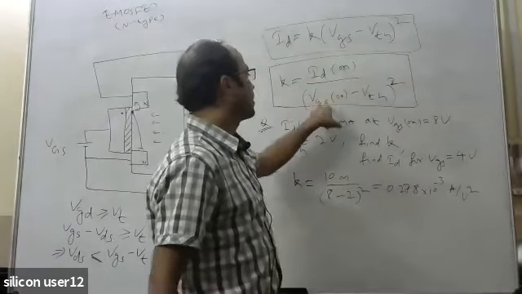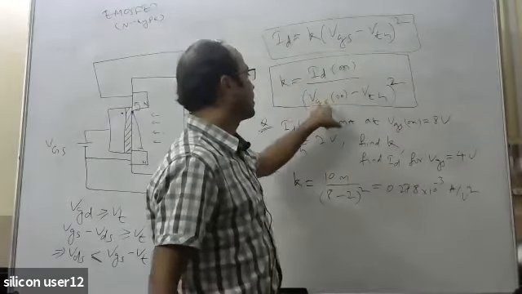Okay, so your ID equal to K into VGS minus VTH whole square. VTH is given as 4, whole square. So this is the ID equation, and this is your bit 1. Okay, bit 2.